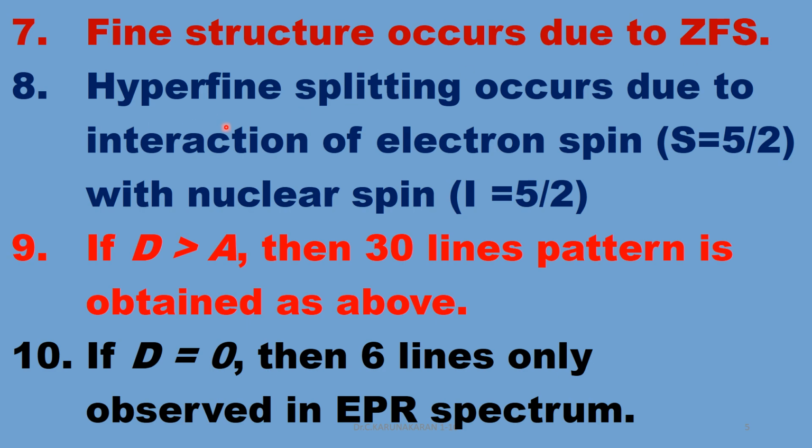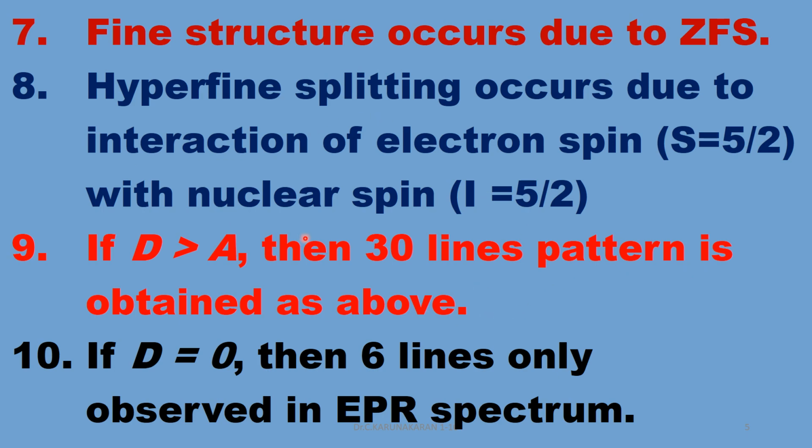On the other hand, hyperfine splitting occurs due to the interaction or coupling of electron spin with the nuclear spin. In manganese 2 plus, the zero field splitting D is very much greater than A. Then 30 lines are observed in the EPR spectrum of manganese 2 plus.